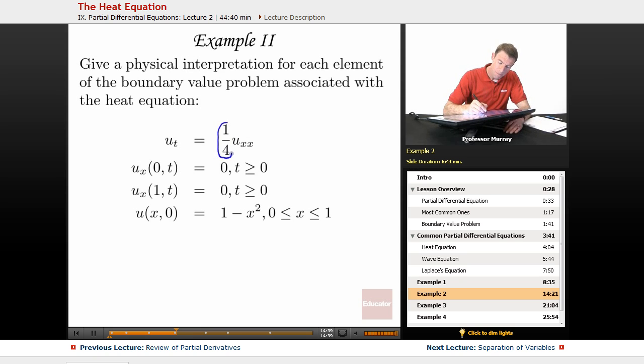That's the same heat equation as before, except we've been given a specific value of alpha squared here. And that's a constant which measures how susceptible the material in the rod is to conducting heat. So that's a constant of thermal diffusivity.